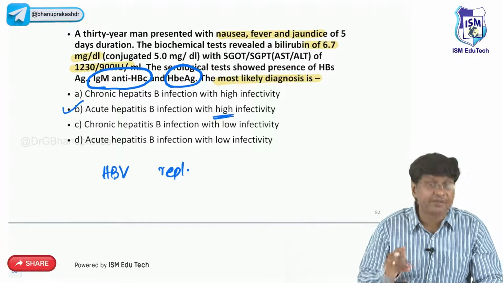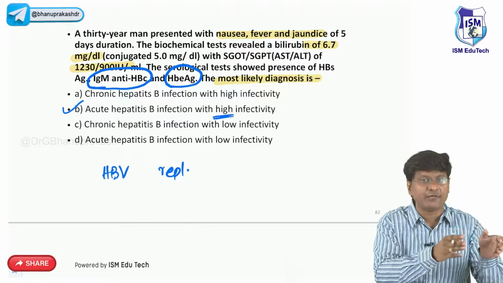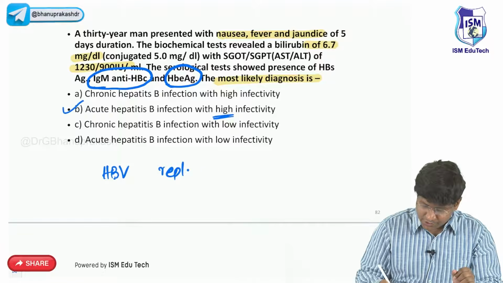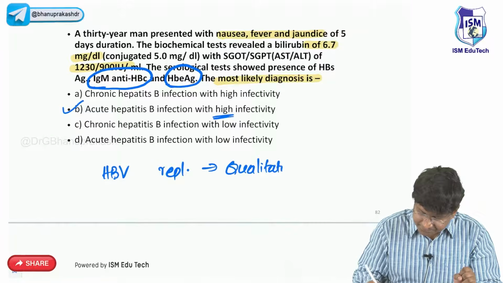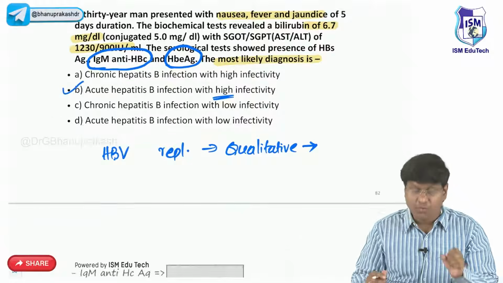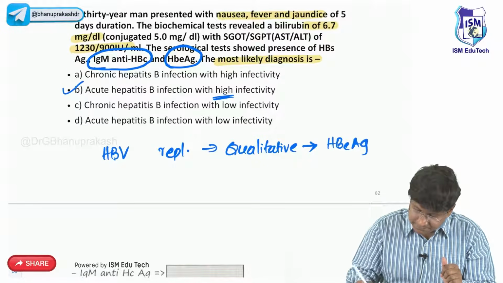The markers of the HBV replication, we have two important types of markers. We have a qualitative marker and we have a quantitative marker. The qualitative marker will be the envelope antigen, right?